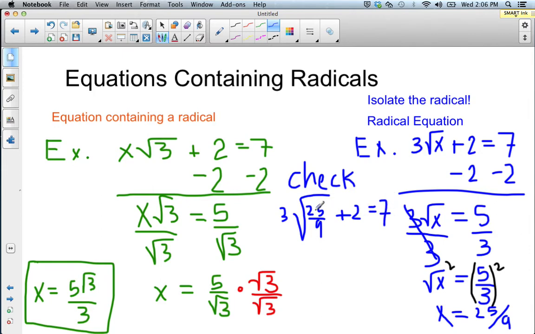The square root of 25 over 9, remember we're talking about the principal root because there's no minus in front. So this would be 3 times 5 over 3 plus 2 equals 7.